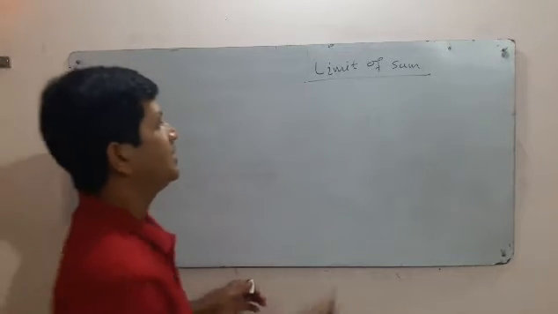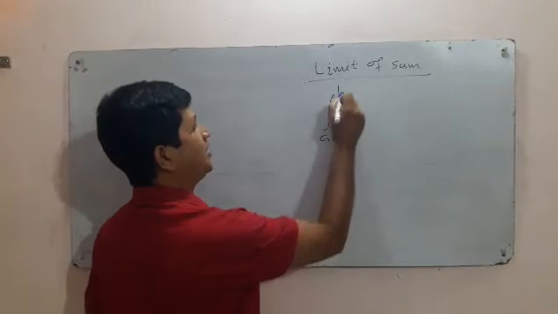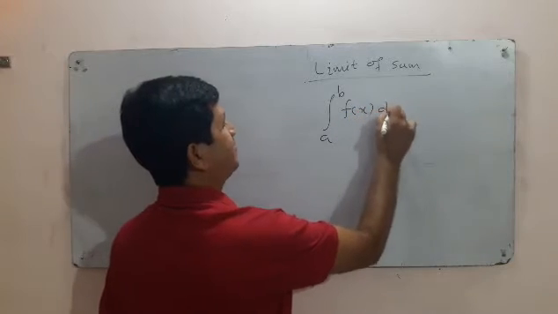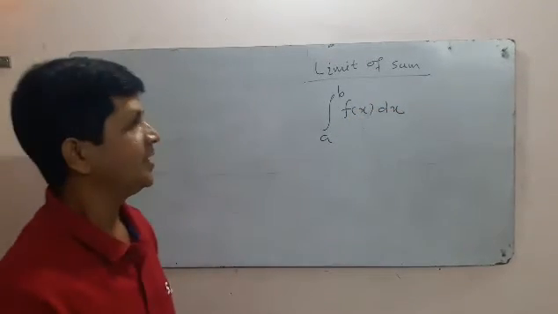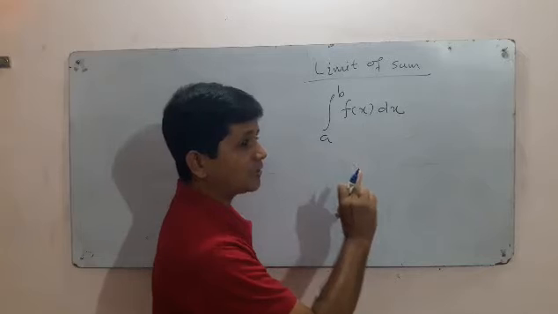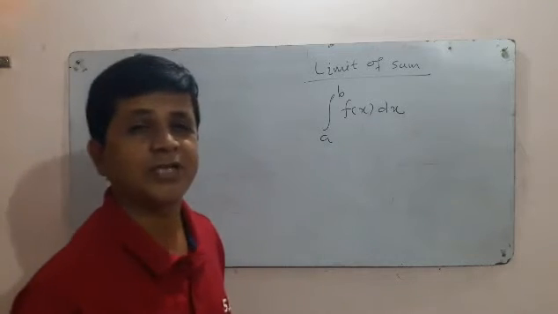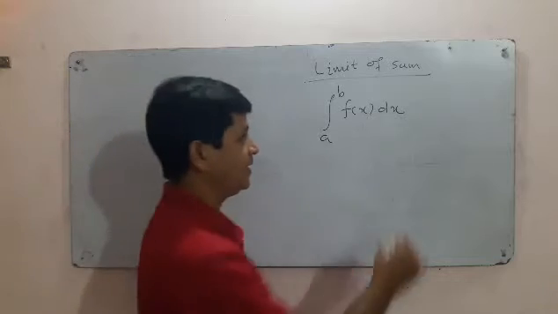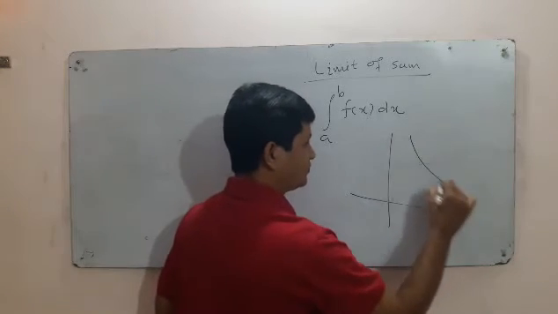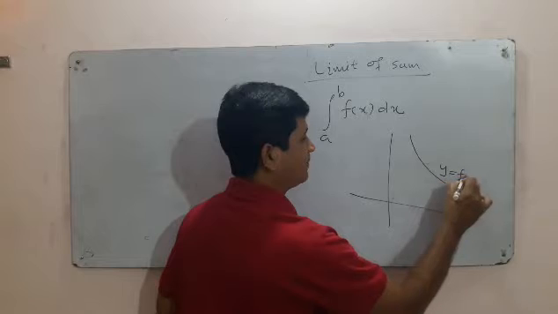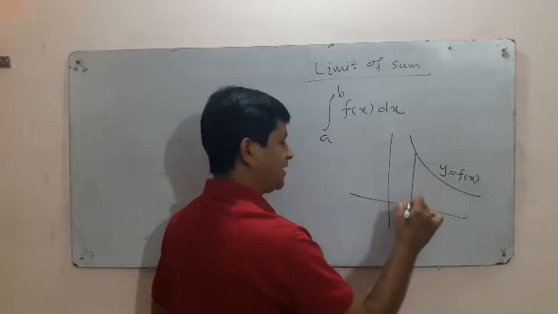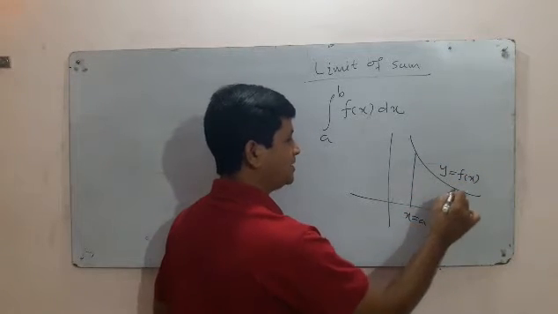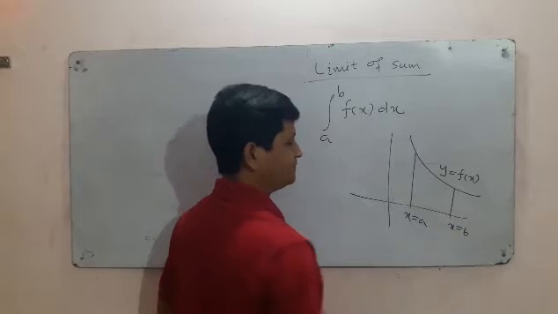Look at integration from a to b f of x dx. It is the area covered by the curve y is equal to f of x, bounded by x is equal to a and x is equal to b. Look at this, this is the curve y is equal to f of x, and this is x is equal to a, and this is x is equal to b.